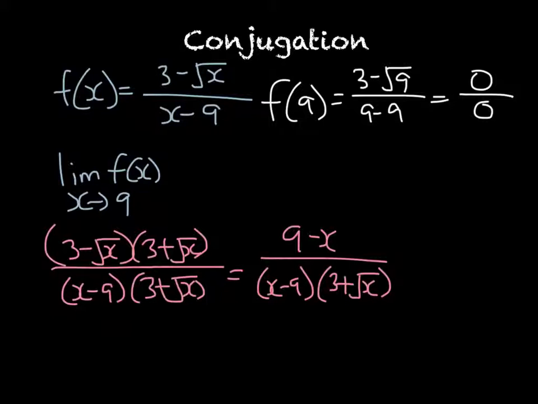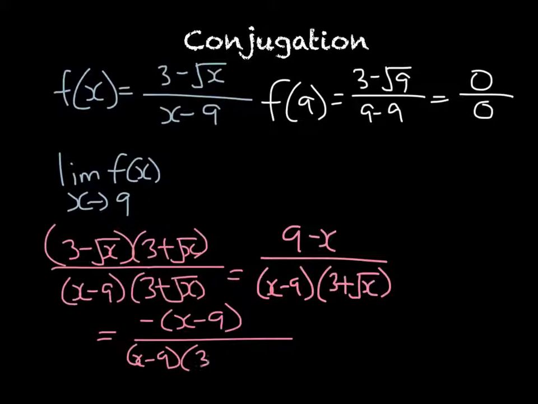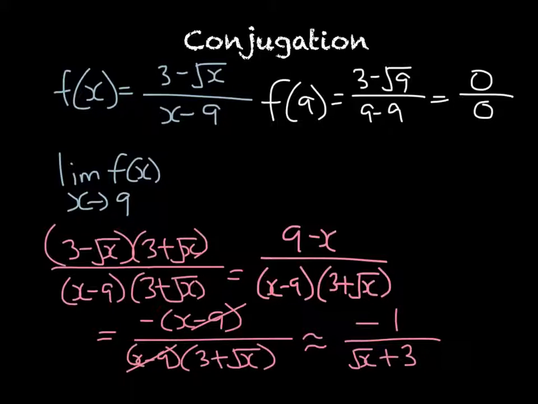Now what we can see is 9 minus x is negative x minus 9. So we can rearrange this as negative x minus 9, over x minus 9 times 3 plus the square root of x. And so again, what we can do is cancel these out and get a function that is roughly the same. So it's negative 1 over the square root of x plus 3.